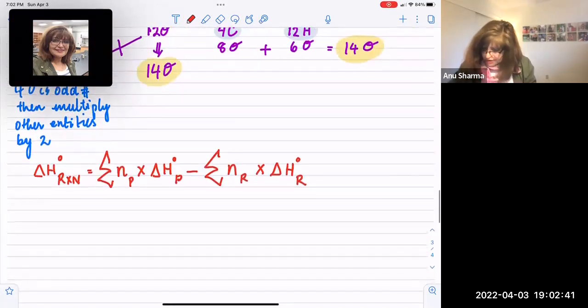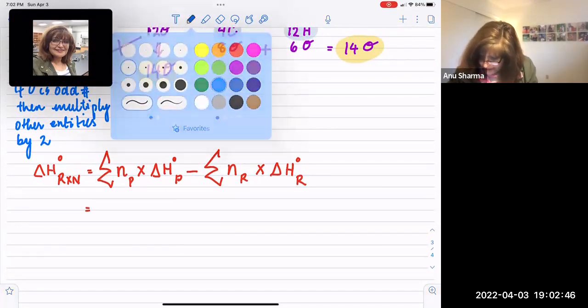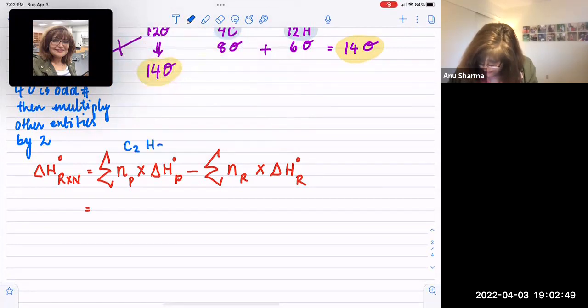Okay, so the product is C2H5OH. So here we are looking at C2H5OH.